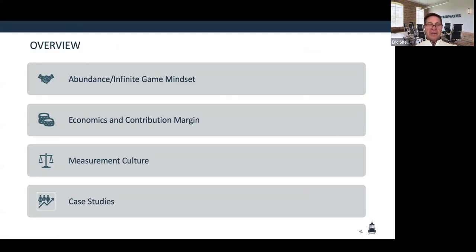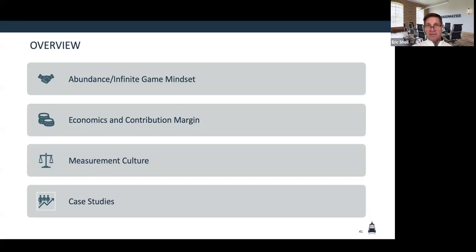The three characteristics of the most successful rural hospitals that I see: the first is this abundance, infinite game mindset. Leadership has an abundance mindset, and I'll explain that in a minute. The second is a fundamental understanding in the organization of the concept I just talked about, how we create contribution margin and incremental volume.